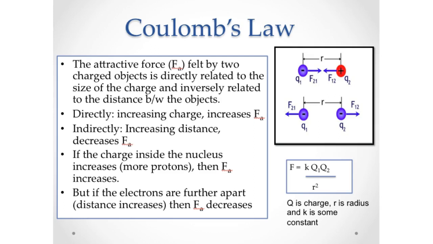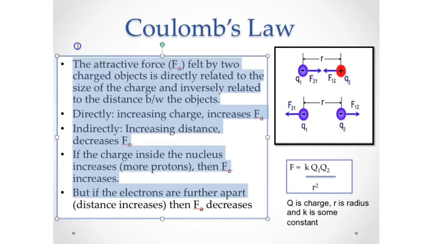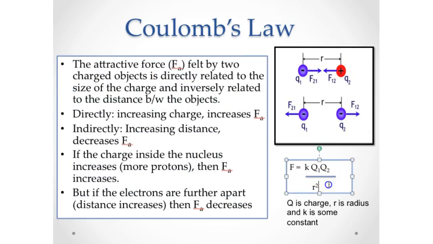The next thing we have to consider is something called Coulomb's law. So there's a lot of words here. You could just listen and I'll basically summarize this. But what you need to know is this formula right here. The F stands for force. There's usually a little a right there.